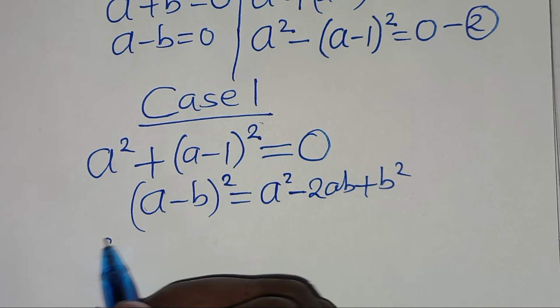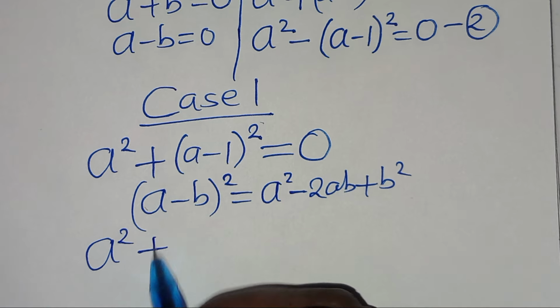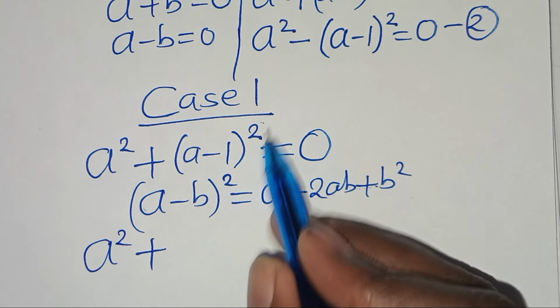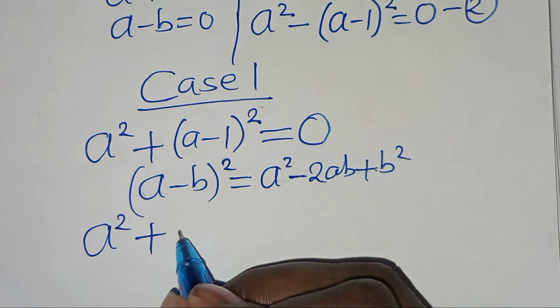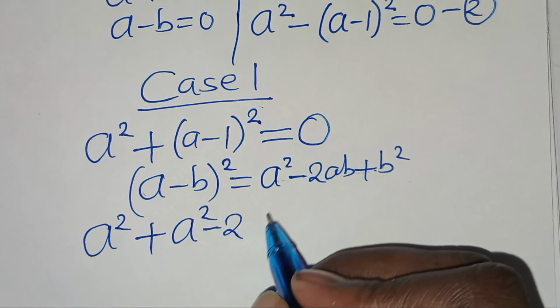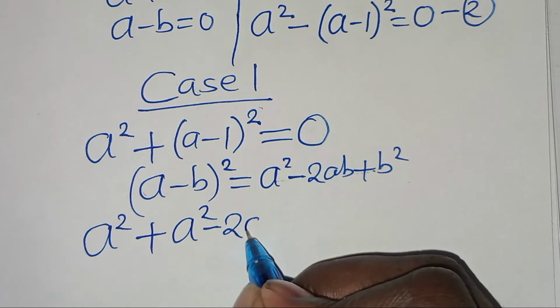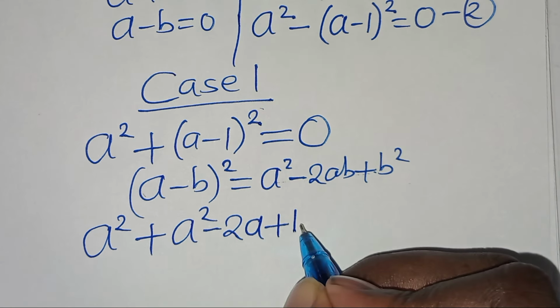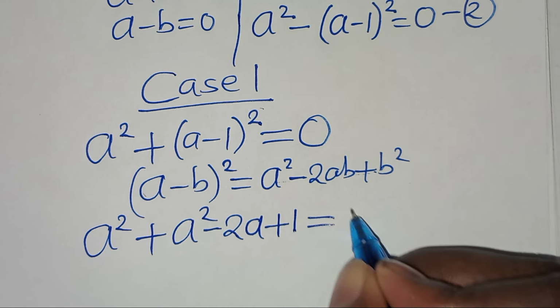Now here we have a squared plus, applying this identity here, we can expand this part here. We have a squared minus 2a, then we have plus 1 squared, which is 1. This is equal to 0.